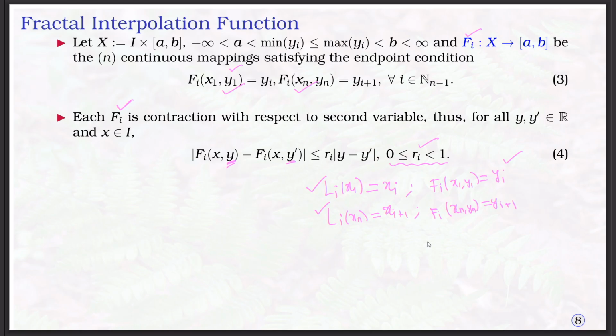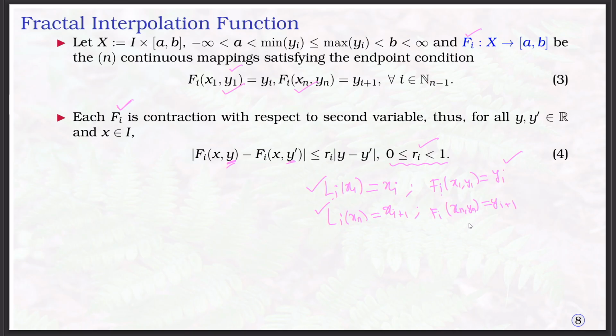Now we have the two mappings Li and Fi. Li is a contractive homeomorphism on the horizontal subinterval, controlling the horizontal direction. Fi is a contraction with respect to the second variable, controlling the vertical direction.